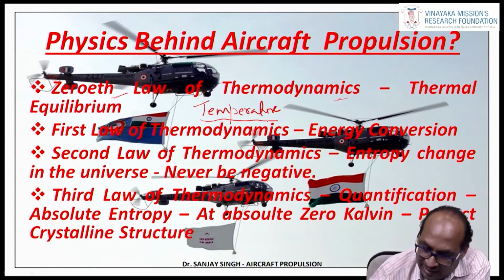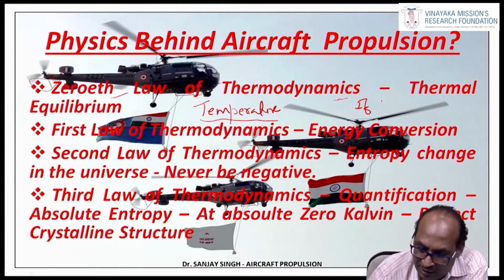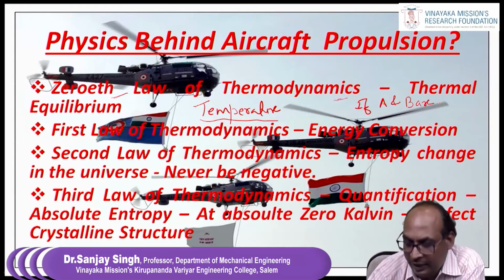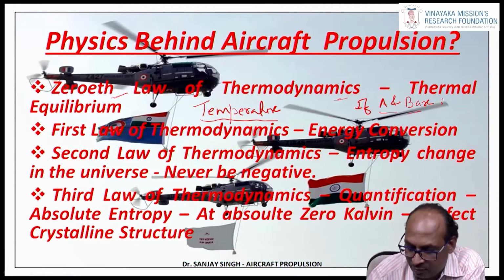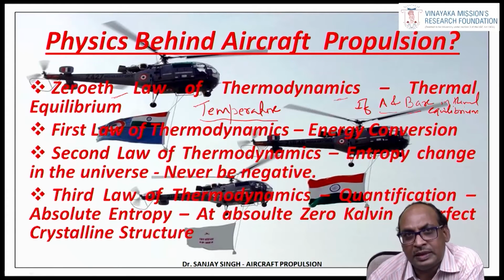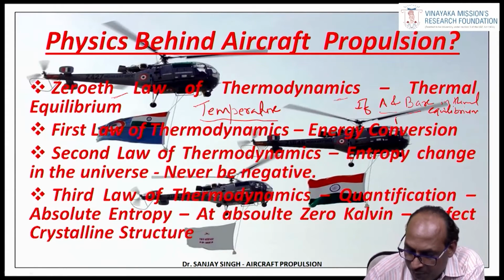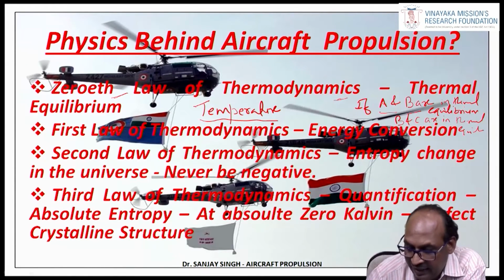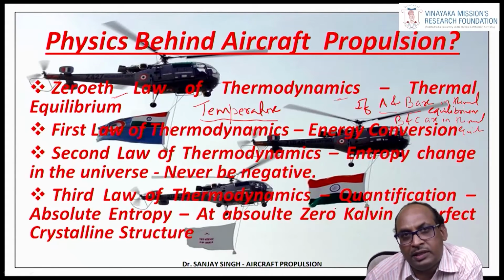It says that if two bodies, suppose A and B, are in thermal equilibrium with each other, and if B and C are also in thermal equilibrium with each other, then A and C also will be in thermal equilibrium with each other.